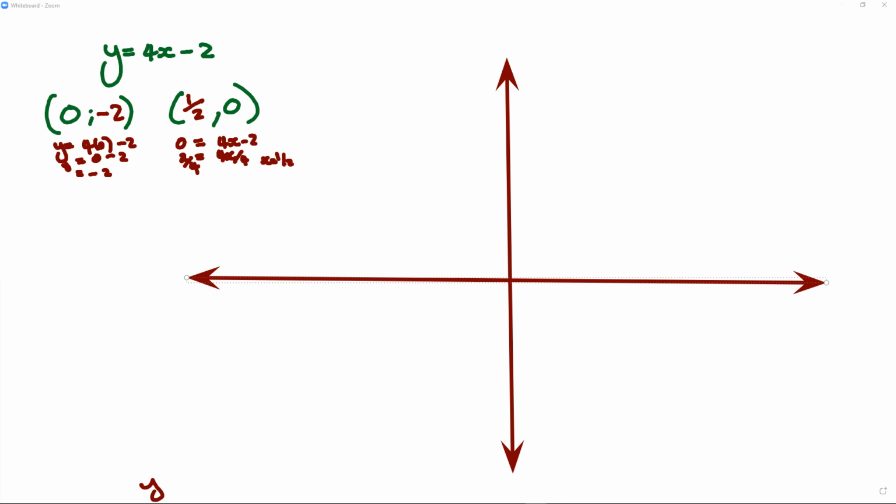Alrighty. Did your graph look something like this? Over here, I've got to go down by 2. Start at the center and go down to negative 2 on the y. Make a dot. Go right by a half, so a half will be maybe over here, if this was 1.